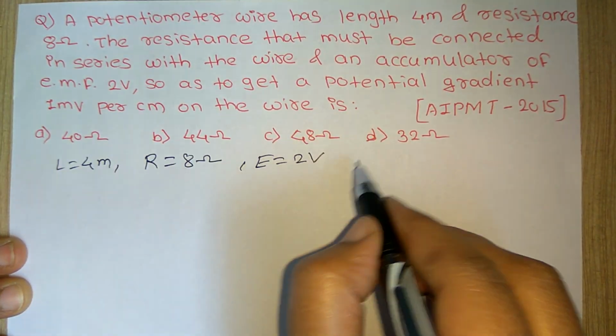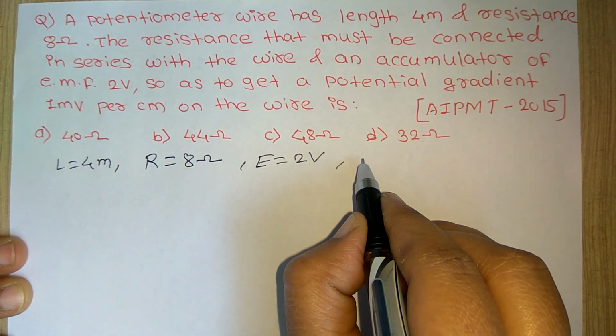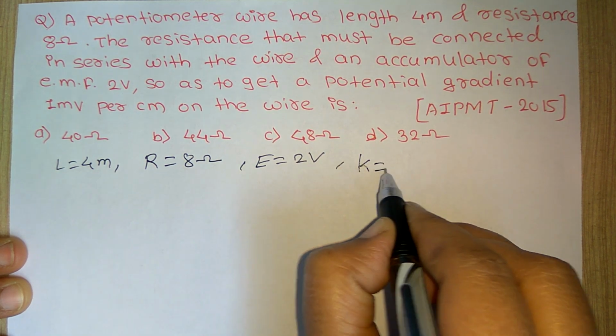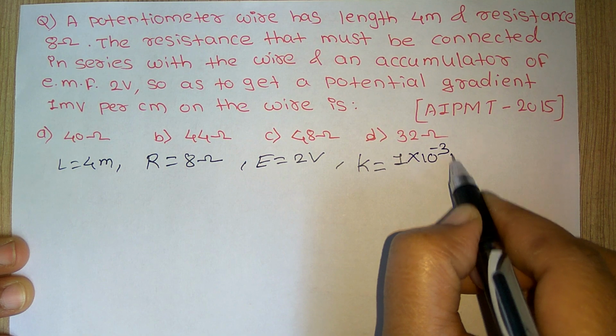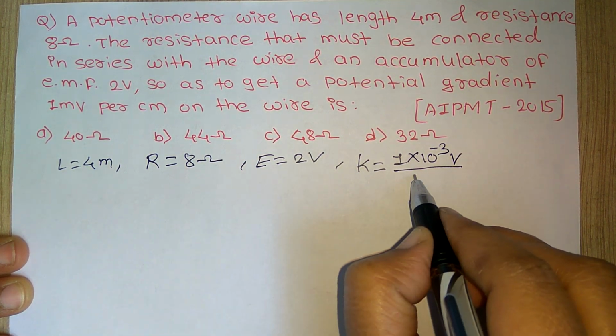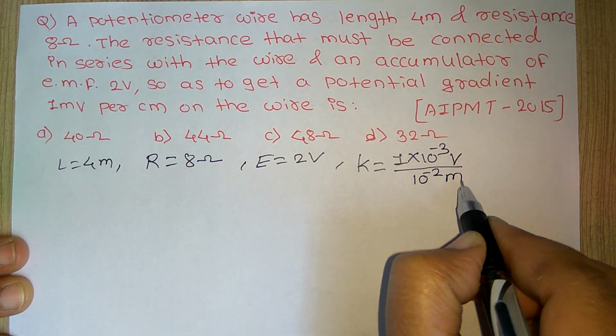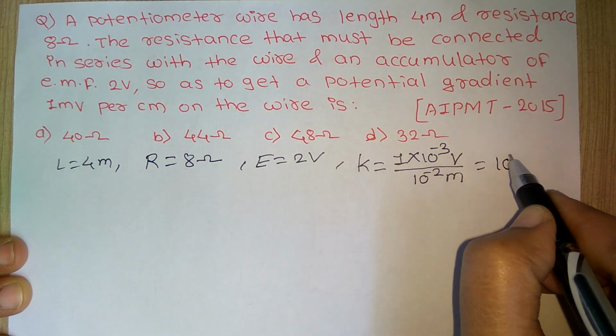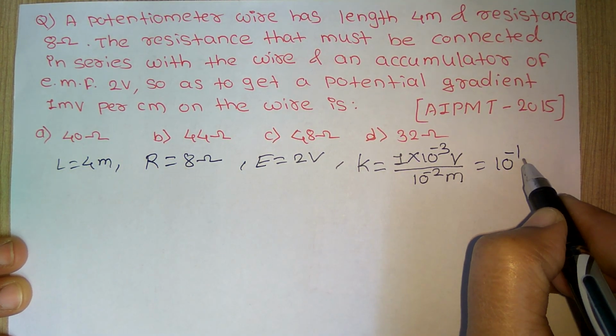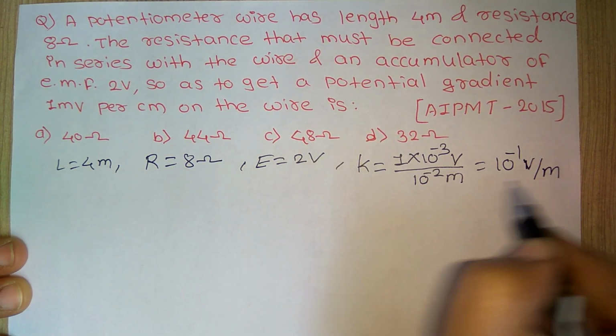So to get a potential gradient of 1 millivolt per centimeter, the potential gradient is given 1 millivolt. 1 millivolt in volt is 10 power minus 3 volt and centimeter in meter is 10 power minus 2 meter. So solve this: 10 power minus 3 plus 2 is minus 1, or 0.1 volt per meter is the potential gradient.